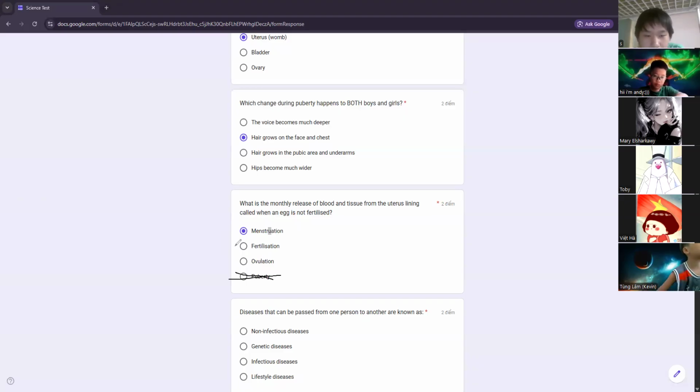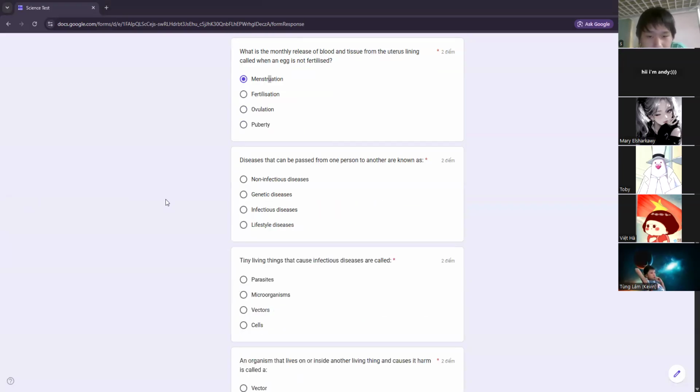Fertilization is the process when a sperm cell and an egg cell combine. This is not it, and we have already specifically stated that the egg is not fertilized, meaning this option has to be wrong. Ovulation is the creation of an egg and it has nothing to do with the release of blood and stuff.